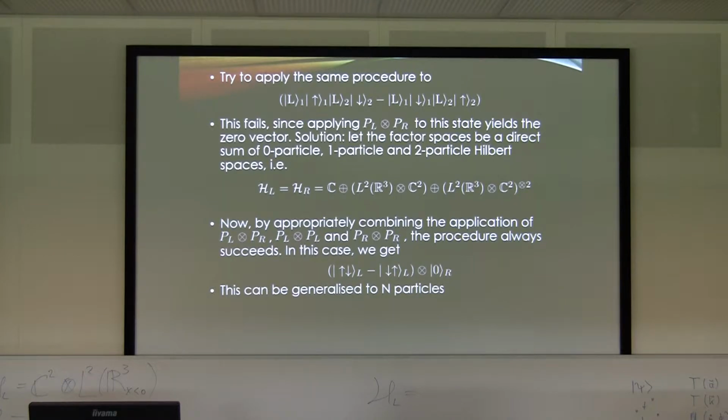I've not been completely explicit here about how exactly this works, so I can try to explain a bit. If you apply this one, whatever you get out of that, you send to the subspace with one particle on the left and one particle on the right. You apply this projector, whatever you get, you send to the subspace with two particles on the left and 0 on the right.